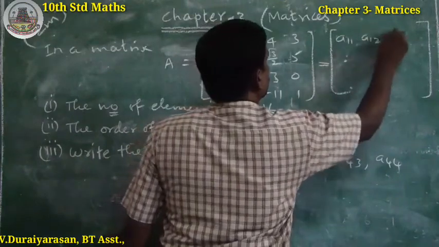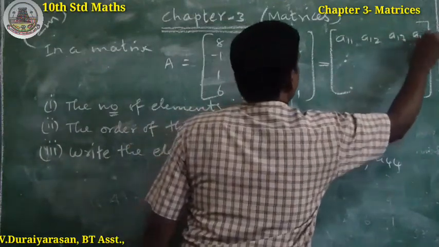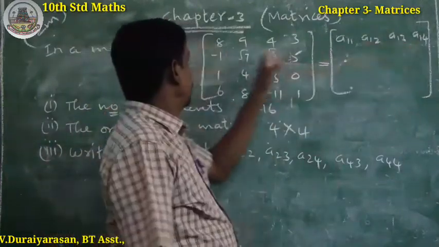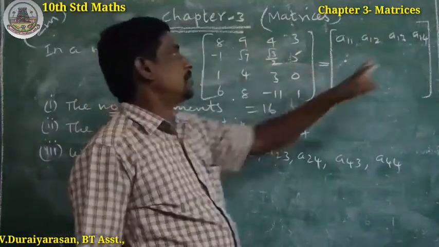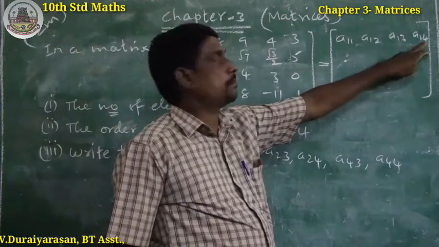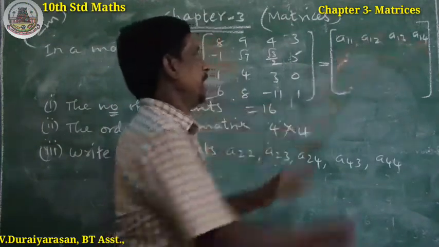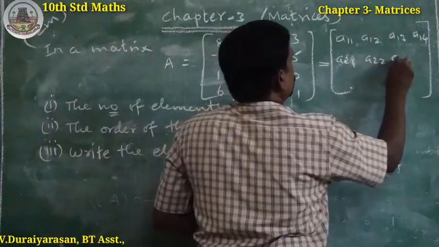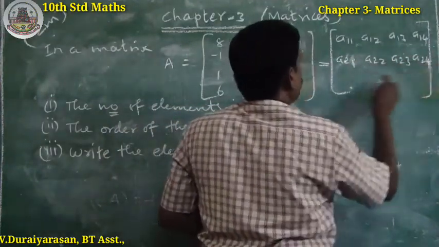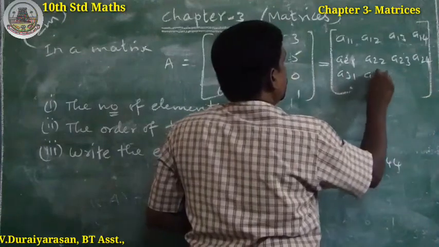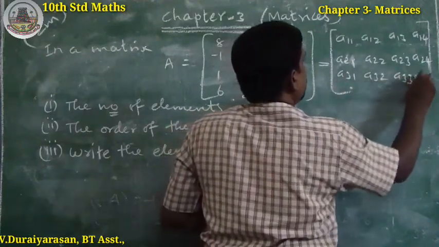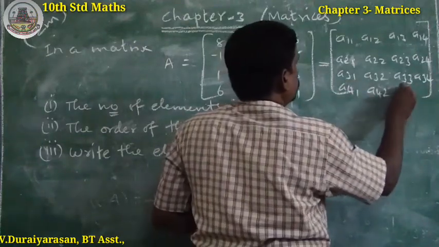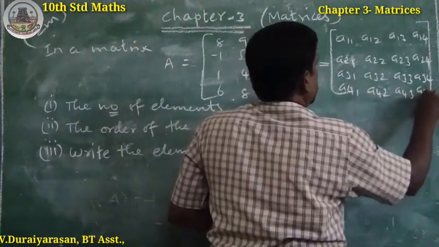A11, A12, A13, A14. Stop it. Why? There are only 4 columns. So stop the number by 4. A21, A22, A23, A24, A31, A32, A33, A34, A41, A42, A43, A44.